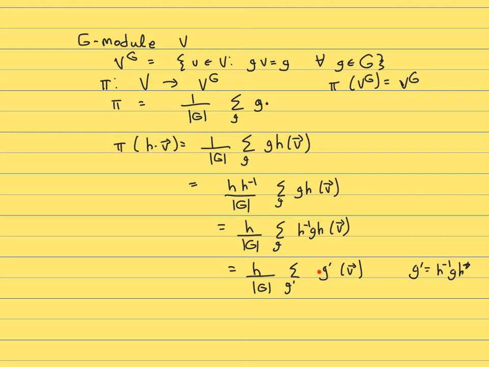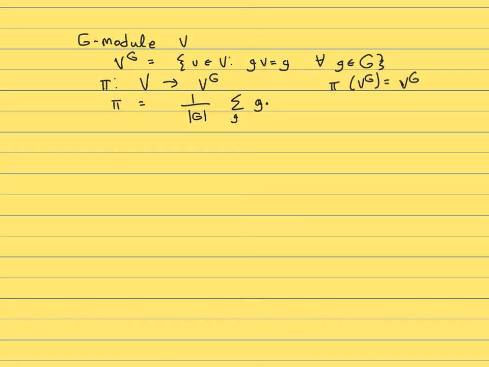So you still sum over every group element exactly once. So even though I do this substitution, I don't actually lose any terms. And so I do in fact get h times pi of v. So this linear transformation is in fact G-invariant.